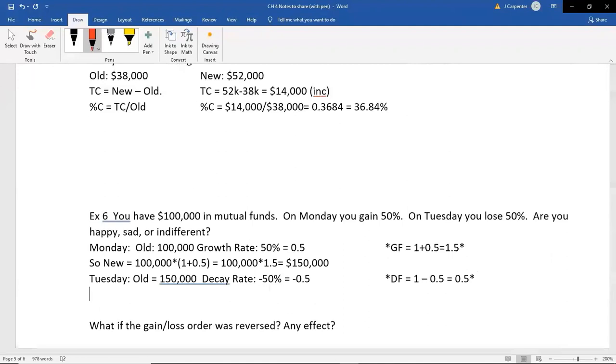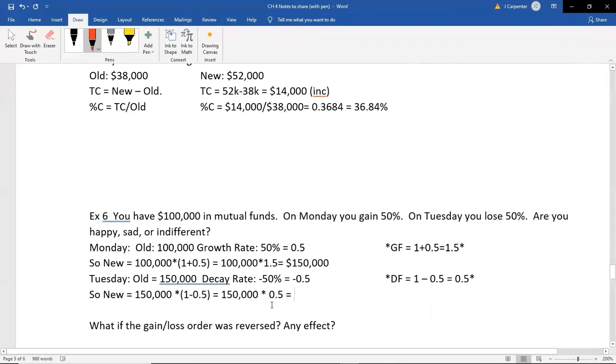That's our decay factor. So our new is the old of 150,000 times the decay factor, which is the 1 minus the 0.5. So 150,000 times 0.5. And if you take half of $150,000, you're going to get $75,000.